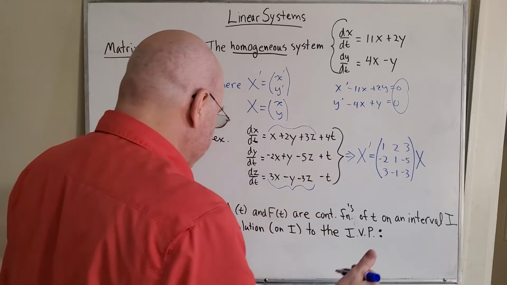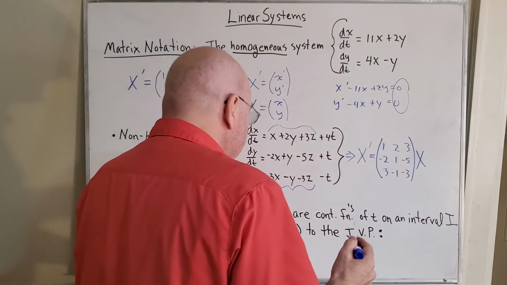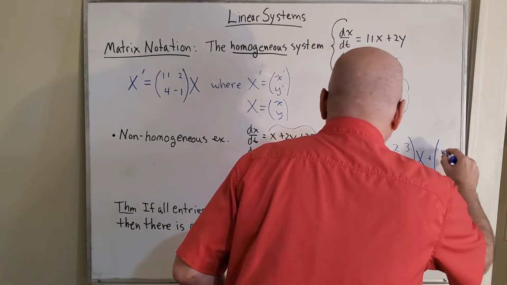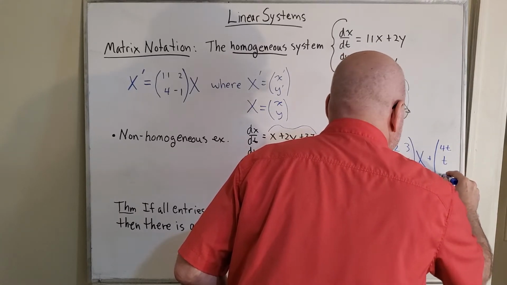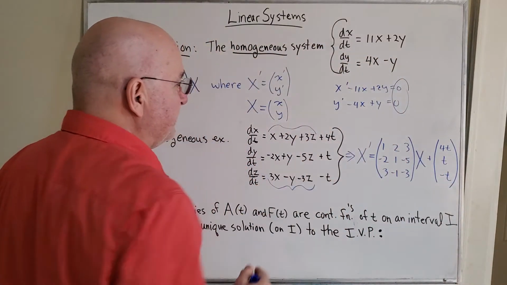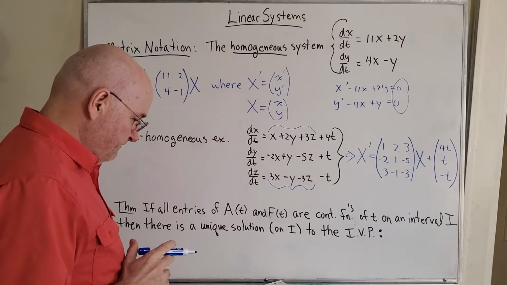But now we have to add the functions of t, which for now I'll just write as 4t, t, and negative t. So what I just wrote in blue is the proper way to write this using matrix notation.